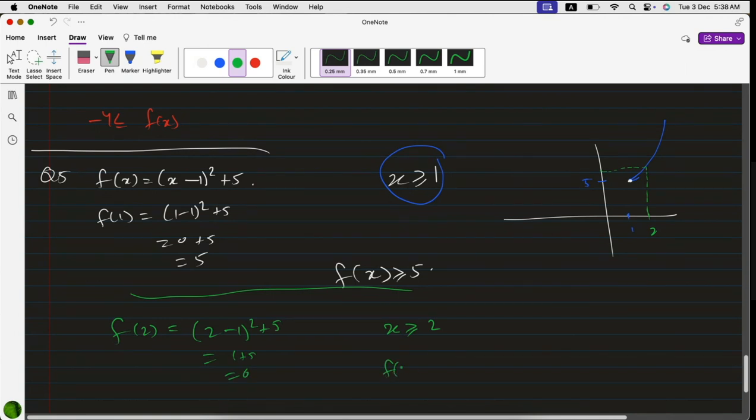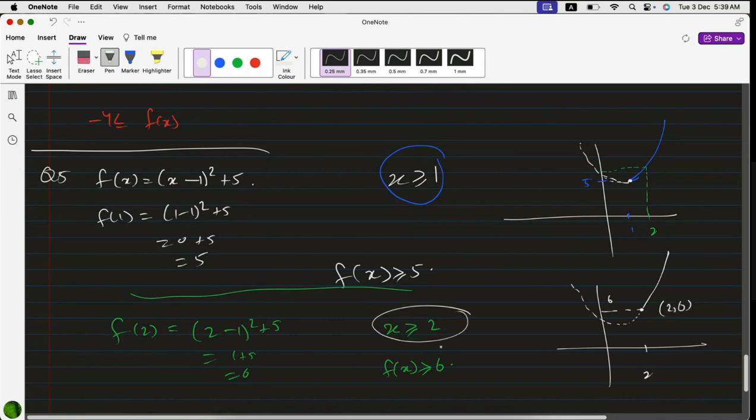So we would say f of x is greater than or equal to 6, despite knowing that if we completed this, it would be 5 onwards. But because we are restricted to 2, we're not looking at the left hand side, we are just looking at the right hand side. So this is x = 2 and y = 6.